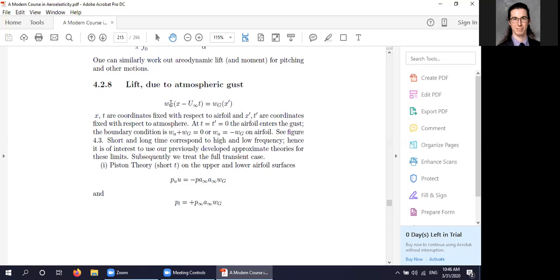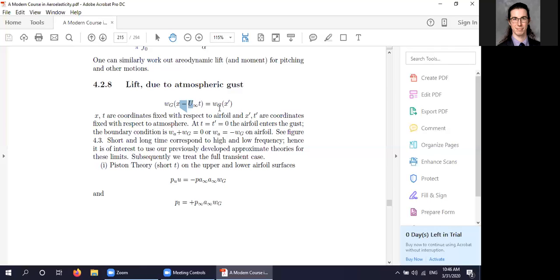But there's one important physical difference that I want to highlight for you. We normally assume that the gust is stationary in a coordinate system fixed with respect to the flow. And the reason you can do that is because most airplanes fly fast enough that the gust changes in time are slow relative to the speed of the airplane through the gust. But there is a spatial distribution of the gust field.